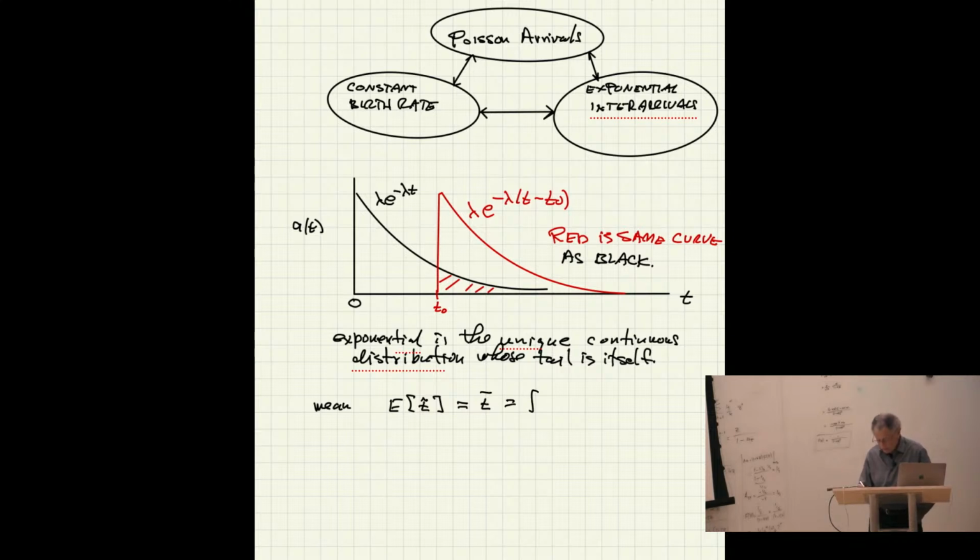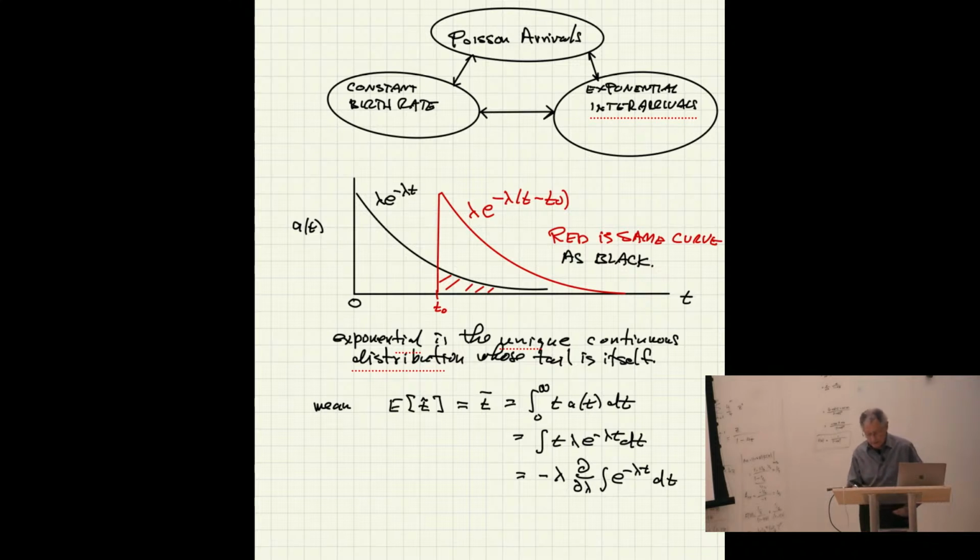And obviously that's equal to the integral from 0 to infinity of t times a of t dt, which is equal to the integral, let's plug in, t lambda e to the minus lambda t dt, which equals, and we've used this trick so many times before, minus lambda times the partial with respect to lambda of the integral of e to the minus lambda t dt.